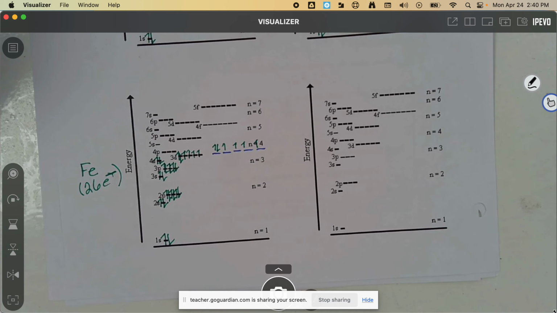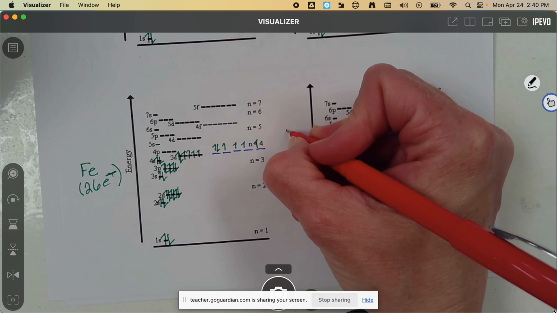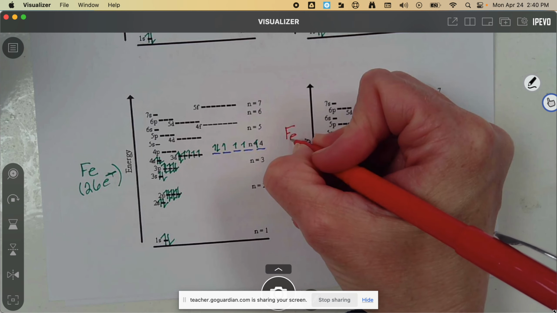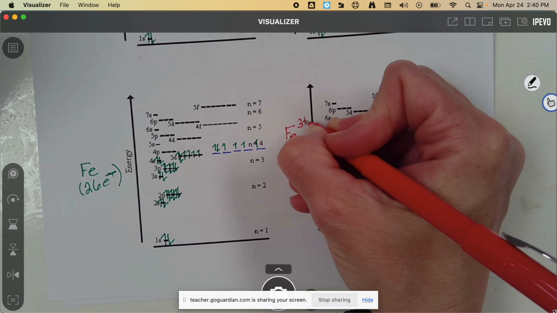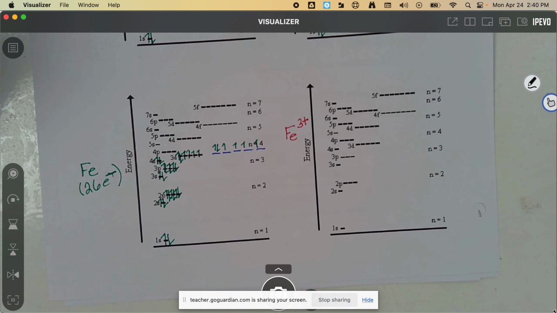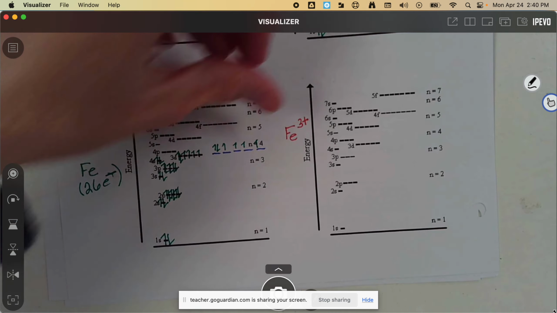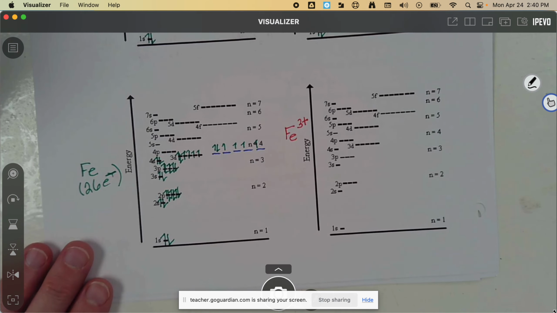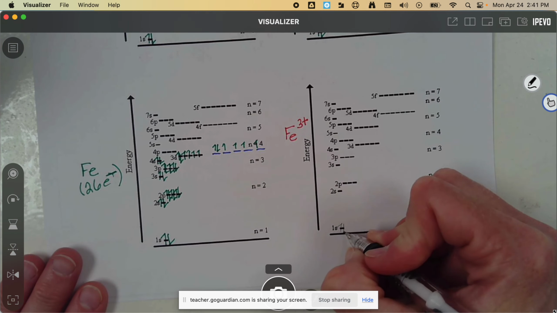If I want to change the game here and do Fe3 positive, I'm actually going to have you get a pencil and fill this in first for iron. So with a pencil, I want you to put the 26 electrons in. So do iron first instead of iron 3 plus.